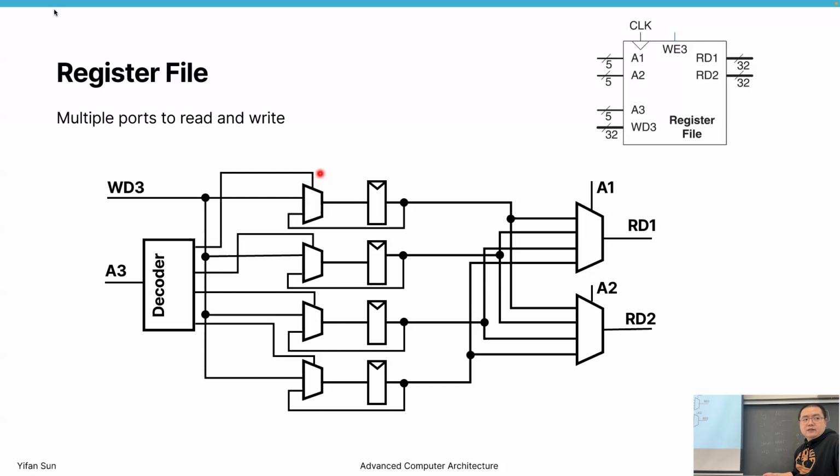We have a selector. We select whether we want to use the write data or the original data. If this is 1, we use the write data, and the write data goes into the register. Otherwise, the original data goes to the register. The write data is only enabled when we want to write something; we can have something like a write enable bit.